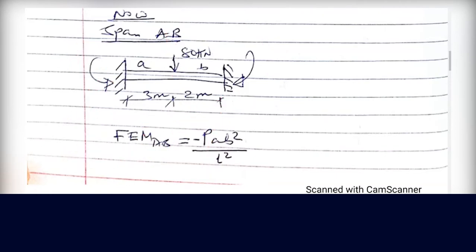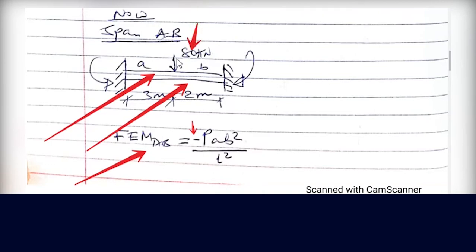So on calculating, the moment should be in terms of the fixed end moment between A to B. It is the ratio between the distance from support A, which is A, and the length from the concentrated load to support B, which is B. It is a negative value, P times A times B square over the length L squared.